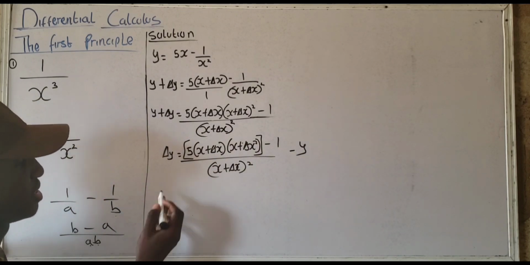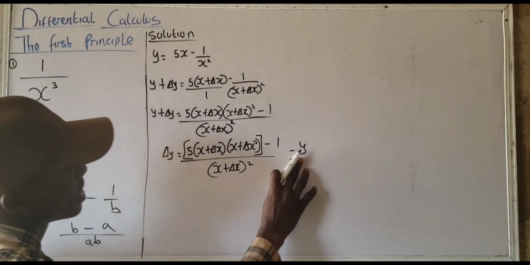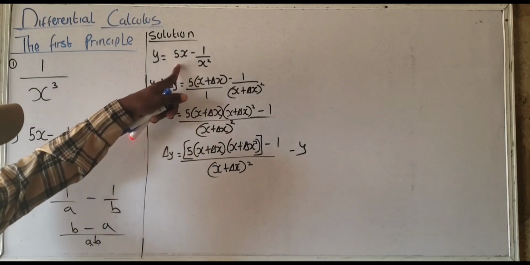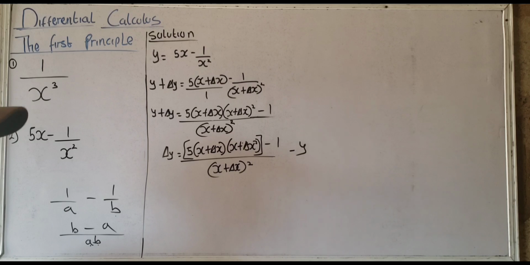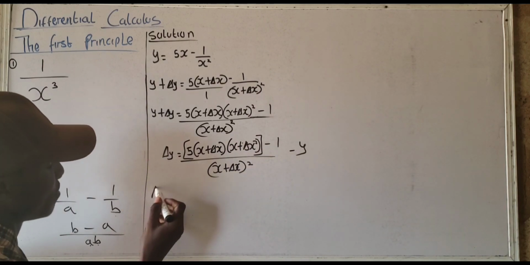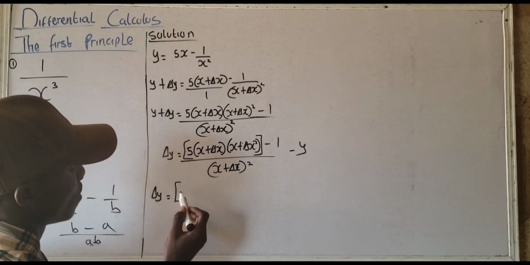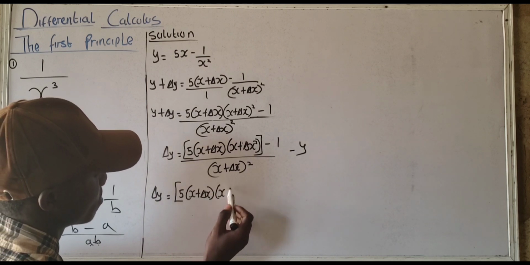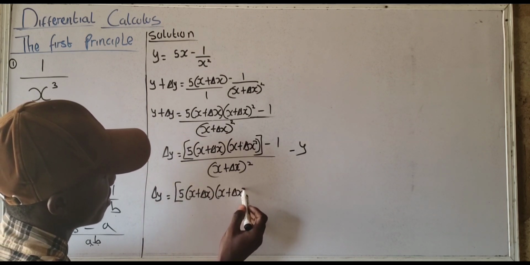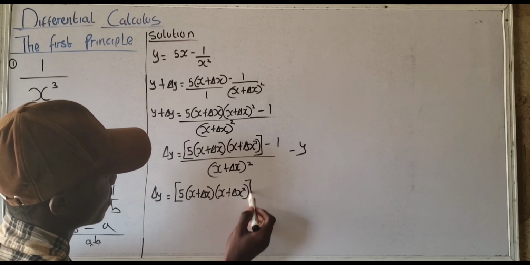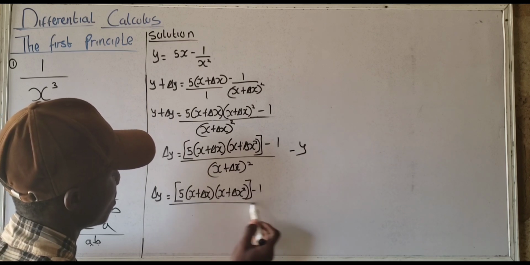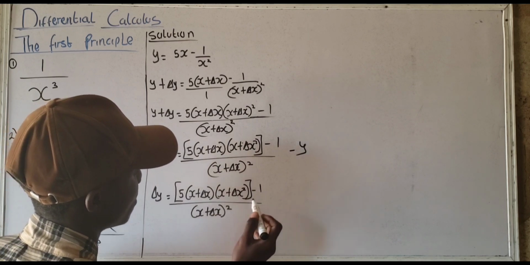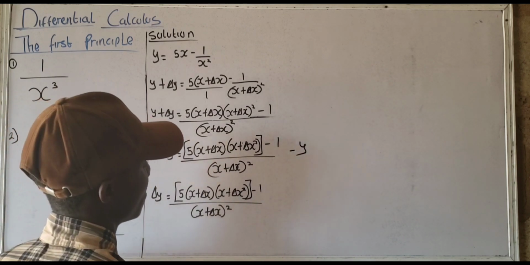Now let's proceed. The next step is that you have to replace y by this. You understand? Because from this equation, y equals what? (5x - 1) over x to the power of 2. So I'm going to have delta y equals 5(x + delta x) plus delta x squared minus 1 all over (x + delta x)².